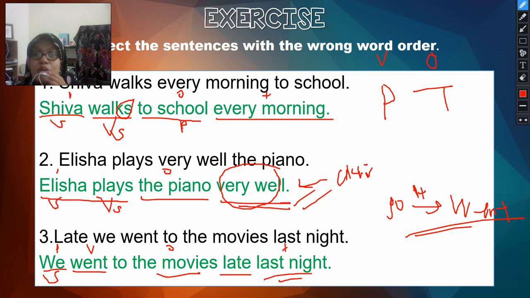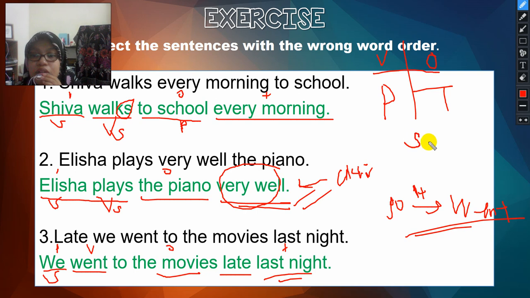Okay, so we revise back. So must remember verb first. Kena ingat kata kerja dulu baru object, dan tempat dulu baru time. Bila awak subject verb agreement kena ingat.